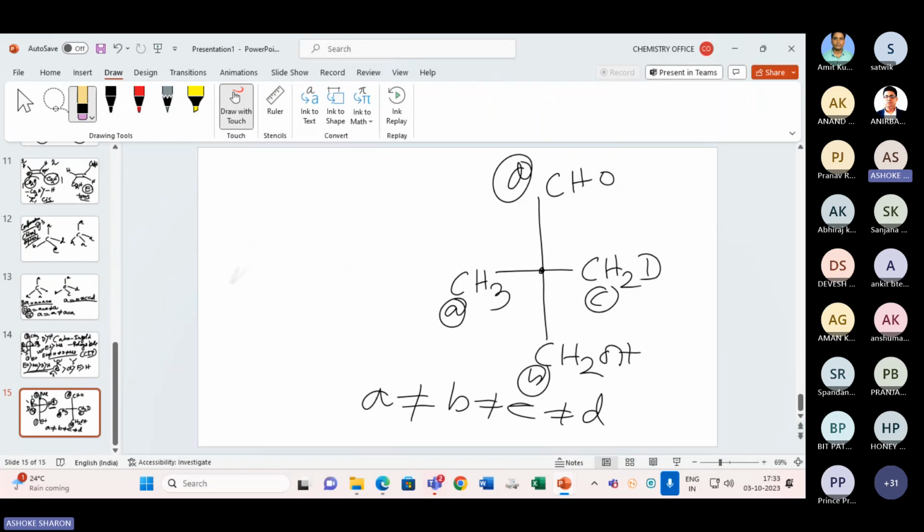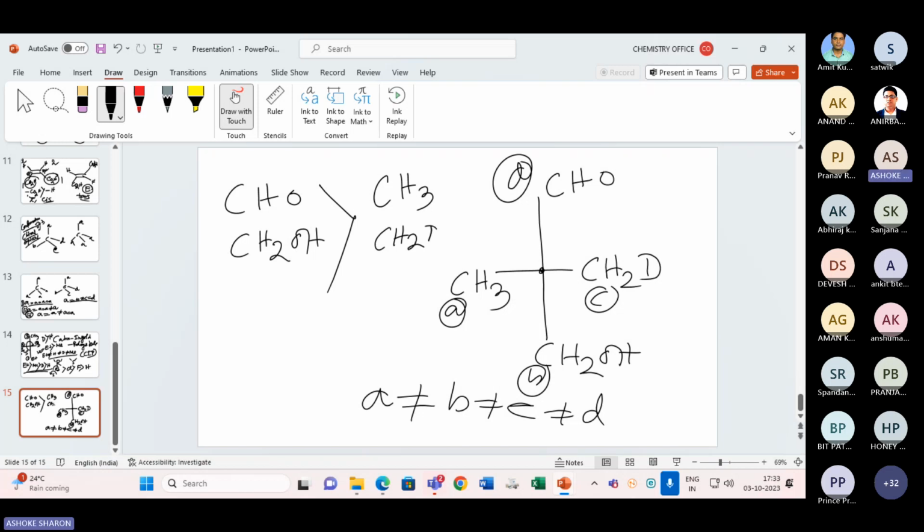Definitely CHO and CH2OH will have priority over the methyl and deuterium compound. Clear? Because those contain oxygen, while that one contains only hydrogen and deuterium. Now, between CHO and CH2OH, which one will get the priority?